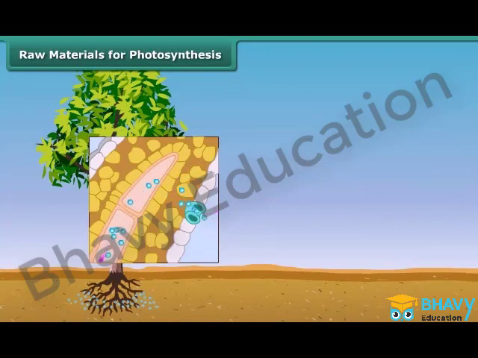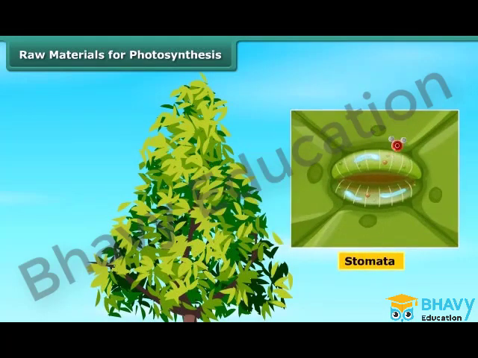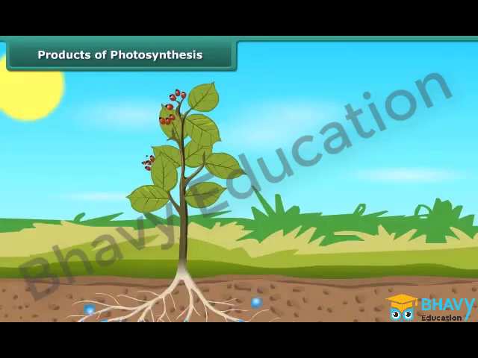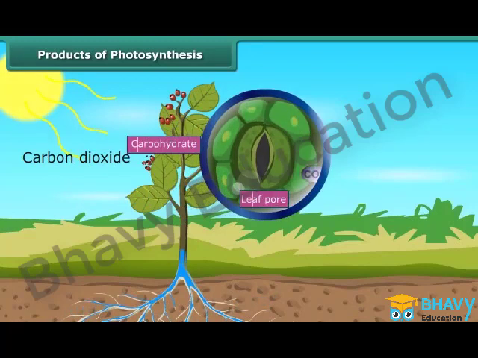Likewise, carbon dioxide from air is taken in through the tiny pores present on both surfaces of the leaves. Such pores are called stomata. These pores are surrounded by guard cells. After reaching the leaf, carbon dioxide and water react in the presence of sunlight to form carbohydrate.